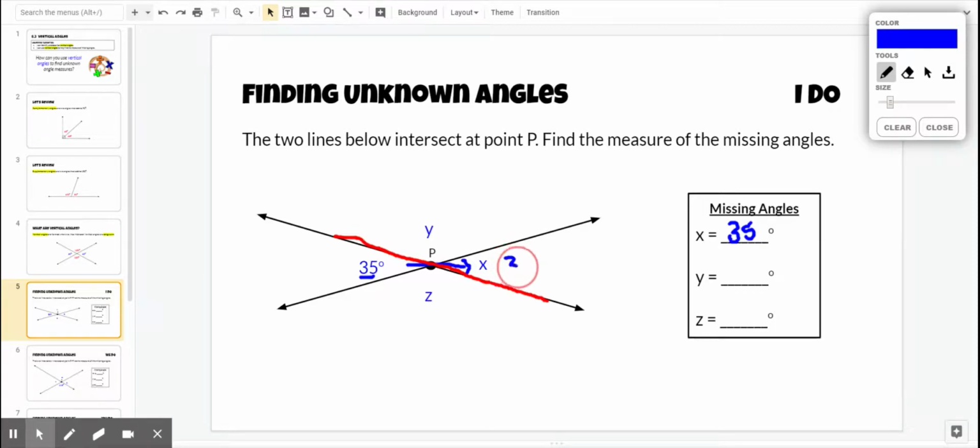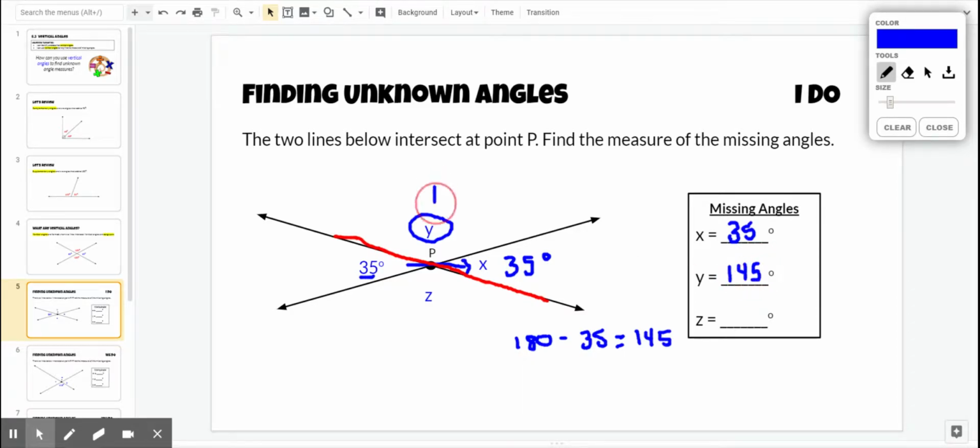So if I know that this angle here is 35 degrees, and I want to figure out what angle Y is, I'm just going to subtract from 180 because together these two angles add up to 180 degrees. So if I take 180 and subtract 35 from it, that's going to leave me with 145 degrees. So angle Y is 145 degrees.